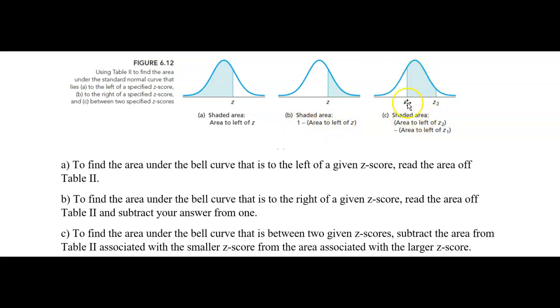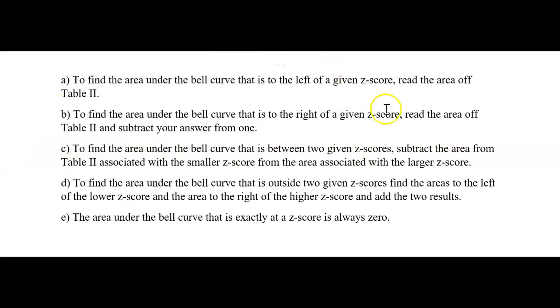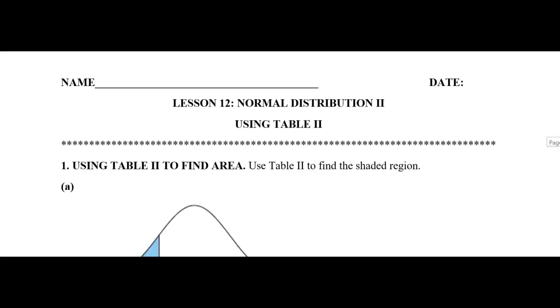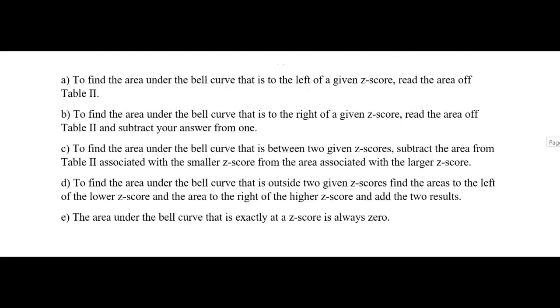And when you want to find the area between two values, find the area to the left of each one, and then subtract the first area from the second. So that is what I've explained. How to do the pictures is explained here. And that is the end of lesson 11.